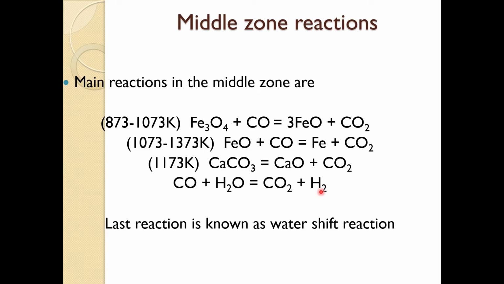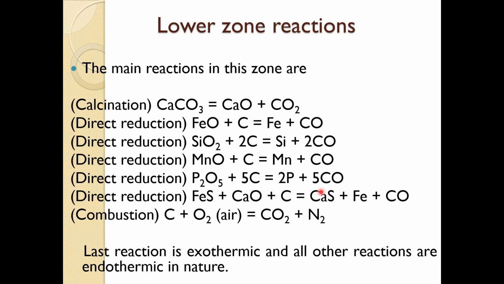So these are the reactions that occur in the middle zone, and in the lower zone of the blast furnace we have these reactions. These reactions are all endothermic at first. Calcium carbonate decomposition, whatever is left from the middle zone, occurs in the lower zone, which has a very high temperature range, 1500 or so, and direct reduction of FeO occurs in this region.